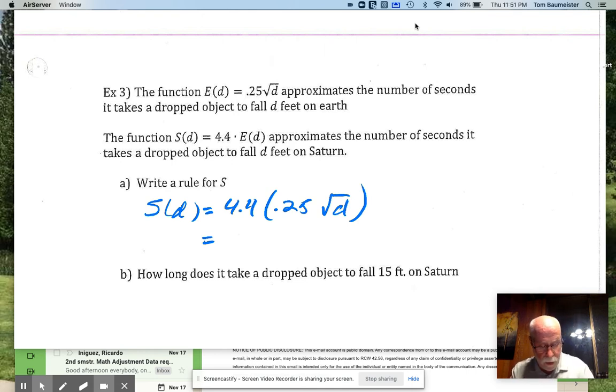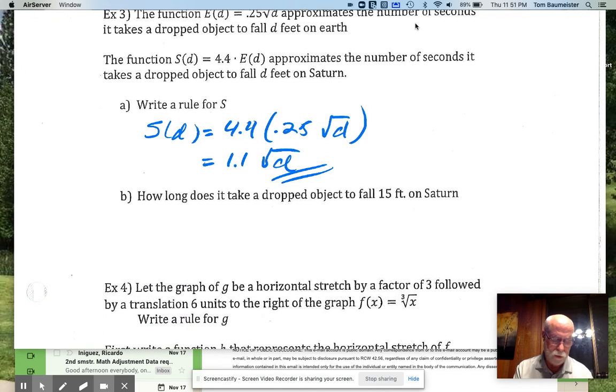You'll get 1.1, and that would still be the square root of d. So notice we do not distribute that 4.4 inside the radical sign. We never put anything inside the radical sign unless we're told it's a horizontal stretch or shrink.